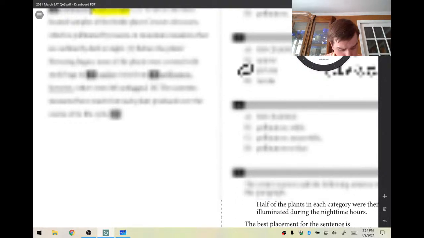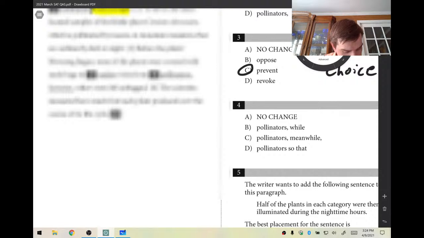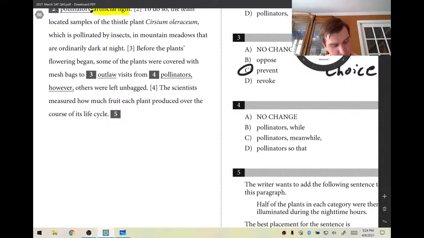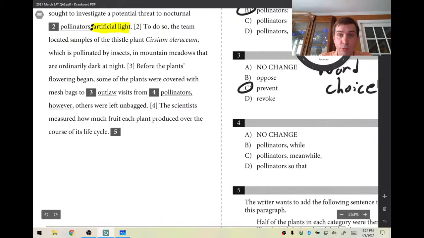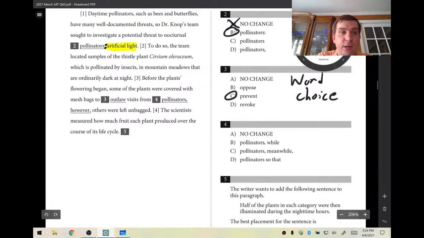Now let's look at 4. So this is the second half of that sentence. It says, "Before the plant's flowering began, some of the plants were covered with mesh bags to prevent visits from pollinators, however, others were left unbagged." So let's look at this one. We have too many commas, and "however" doesn't fit in either.